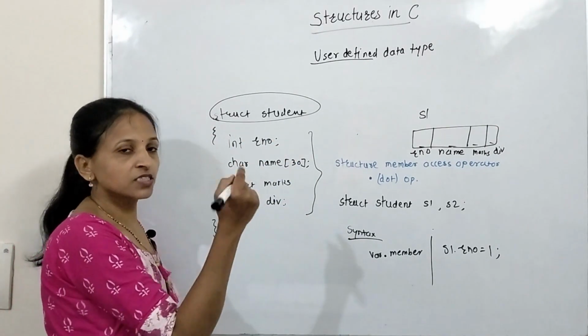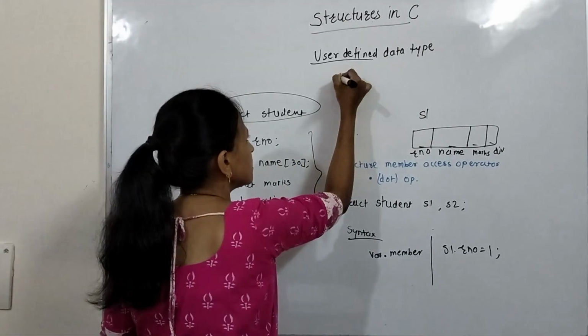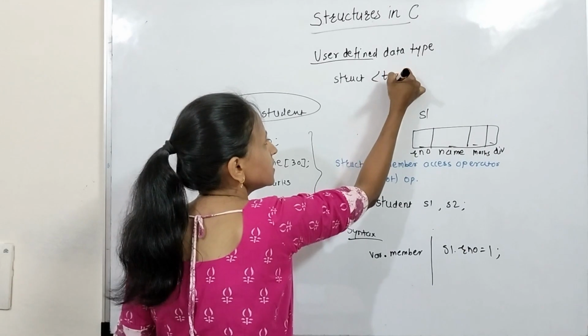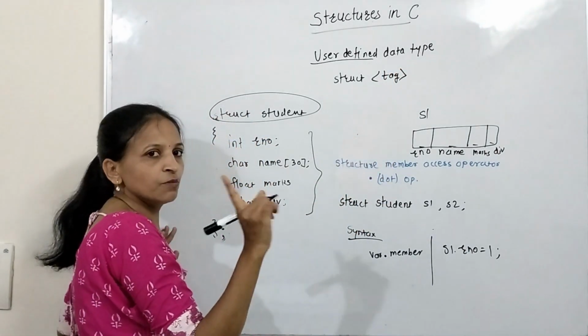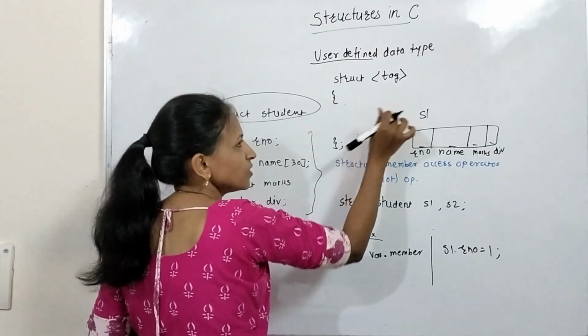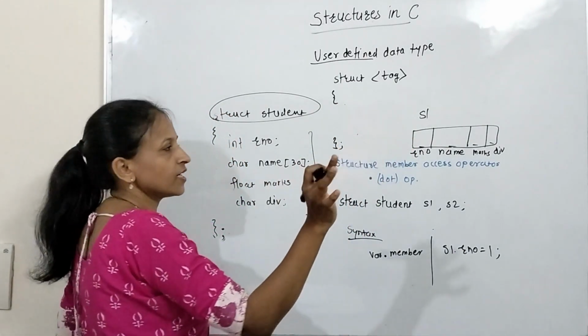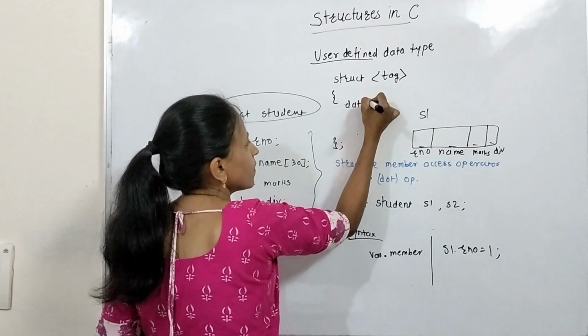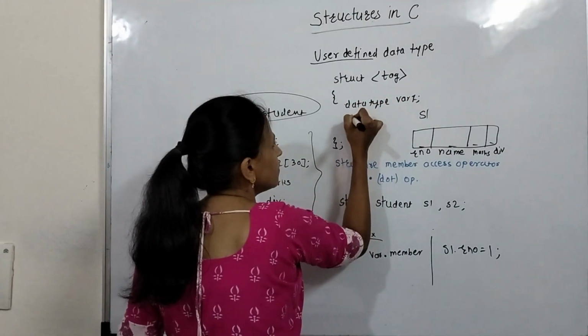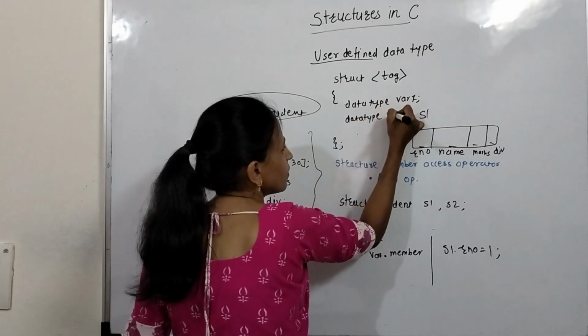In general, the syntax of declaring a structure is like this: the struct keyword you have to compulsorily use, and this tag is nothing but the name of that structure, any name you can give. Here in open close curly braces we have to write every member with its data type, like data type then variable, any variable, then data type, the next variable, anything.